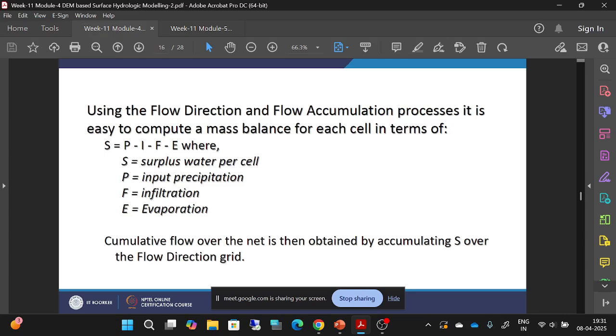Then we have the infiltration, and then we have the evaporation. These are all how the system is losing the water. Okay, so that's why they are given as negative. So based on this mass balance equation, we can actually compute the surplus water that is present in each cell.